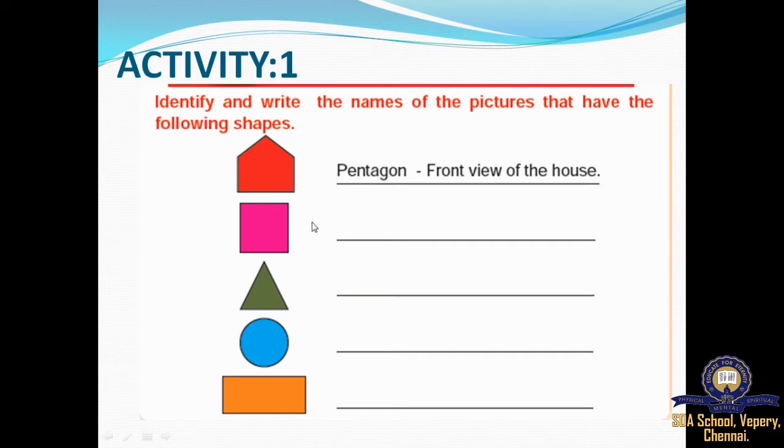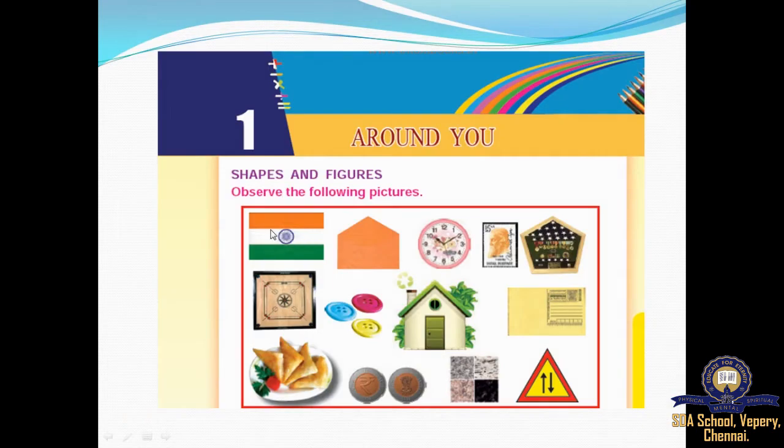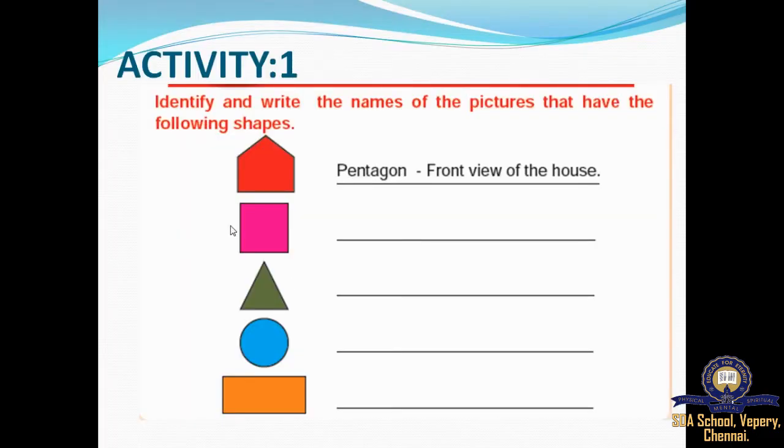Now, we are going to guess the next shape. What is this? Yes, square. Observe these pictures. Which picture contains a square shape? Yes, carom board. So, you have to write square hyphen carom board.